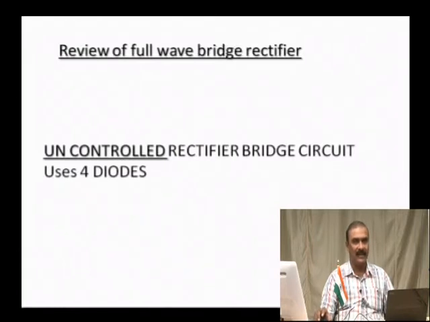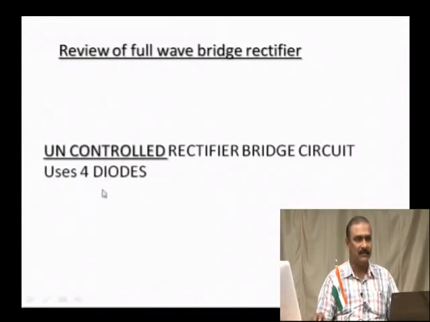It is a rectifier, so rectifier means converting AC to DC. When you connect four diodes in a bridge pattern, it is called an uncontrolled rectifier. Uncontrolled rectifier bridge circuit uses four diodes, okay.